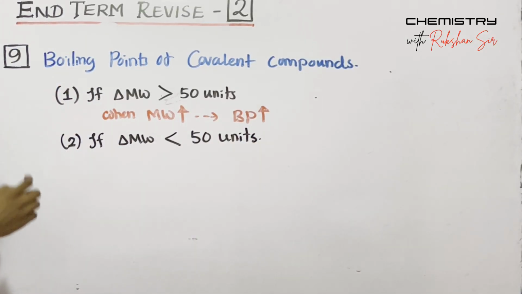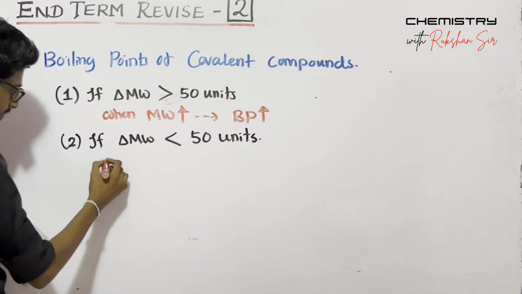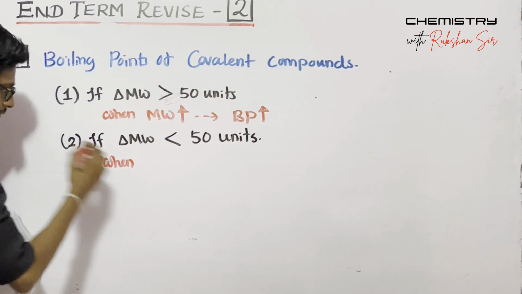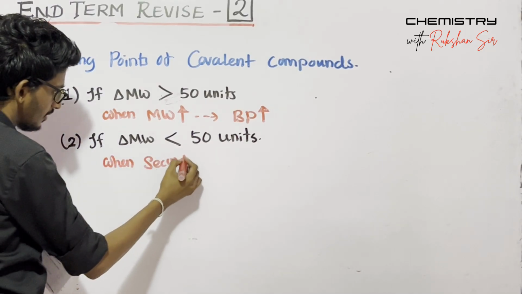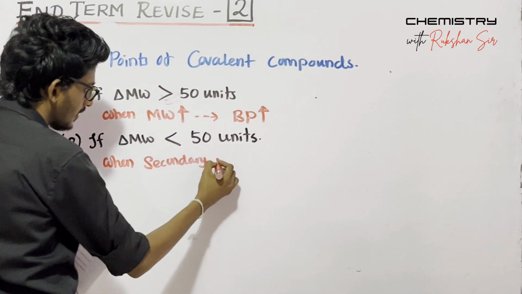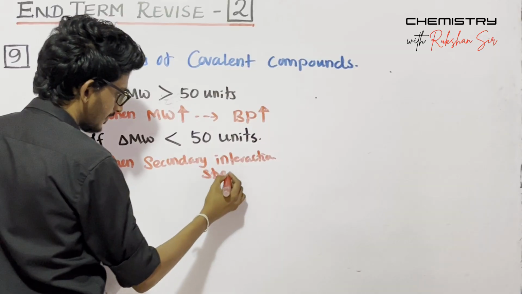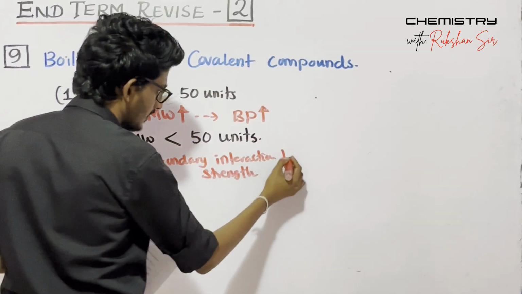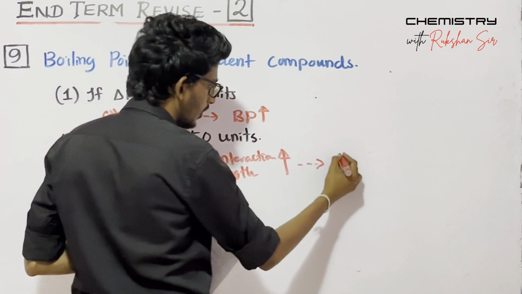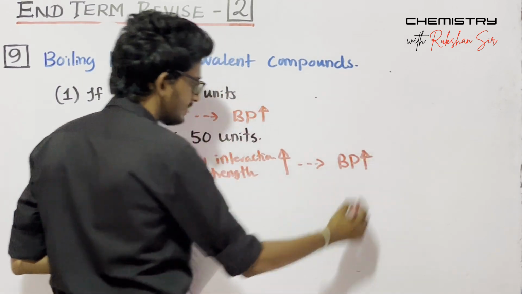So there, what matters is the secondary interaction strength. When secondary interaction strength is high, your boiling points will be high.